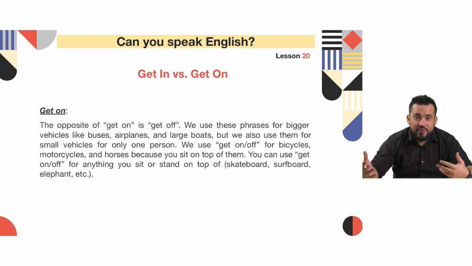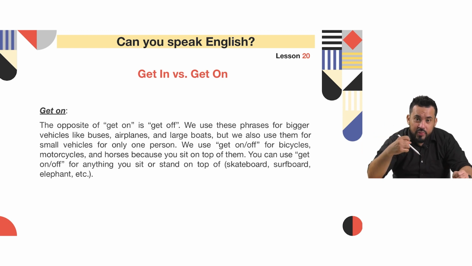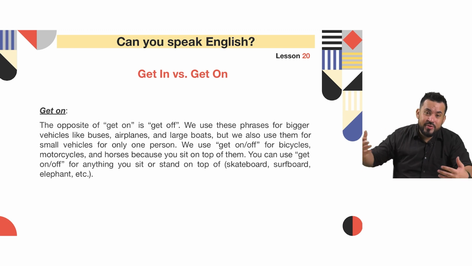Get on is different from get in because we use get on for bigger vehicles like buses, trains, airplanes, or big boats. Okay, so get on the bus, the opposite is get off the bus. So you get on the bus, you get off the bus.